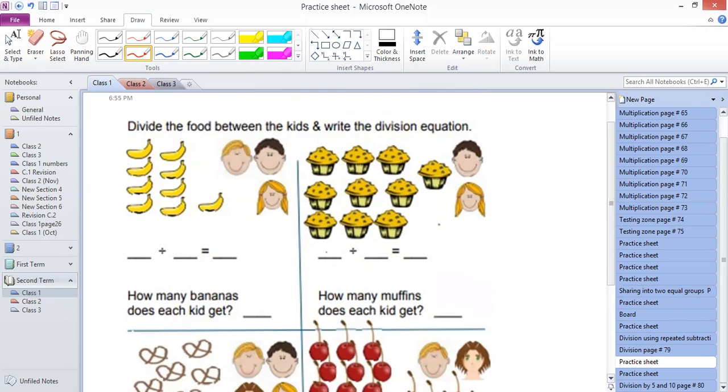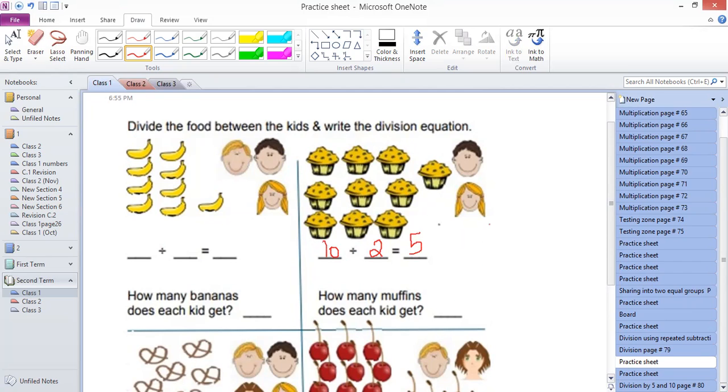Tell me the division sentence first. Two children. So 10 divided by 2 equals 5. 2 multiplied by 5 equals 10. Very good.